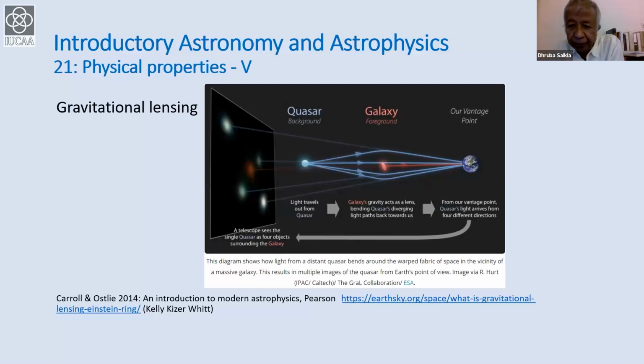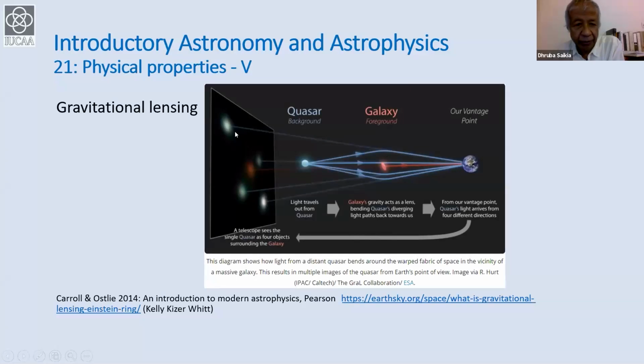The other example, which one of you mentioned early in the beginning, was gravitational lensing. I'll again very briefly touch upon that, for you to be aware of it. Some of you are already aware of it. Suppose we are observing a distant object, and there is a galaxy along the path over here that, due to Einstein's general theory of relativity, will curve space, and the light will follow a curved trajectory.